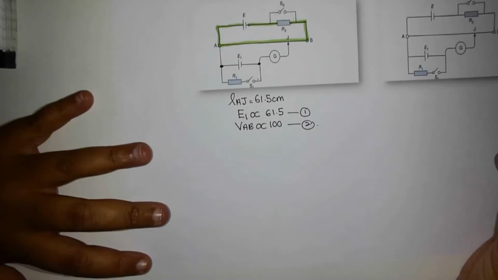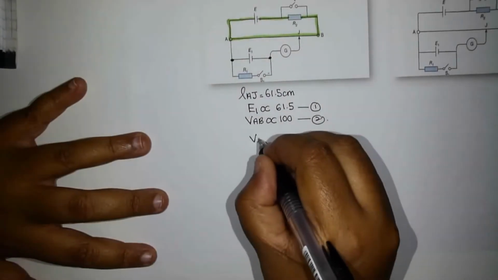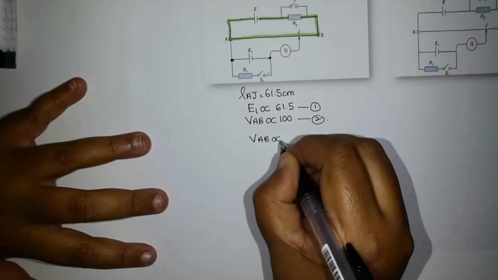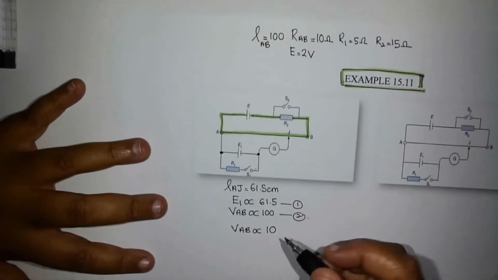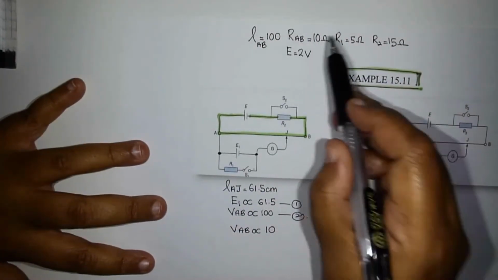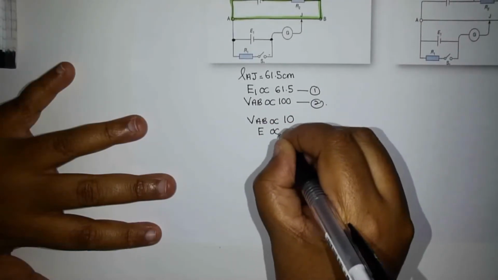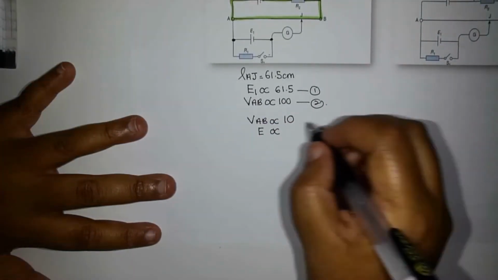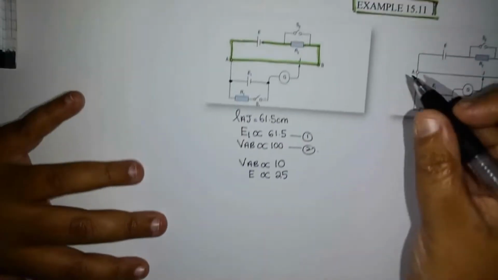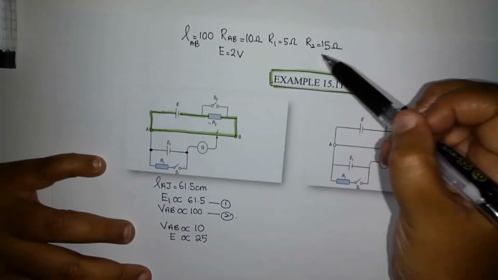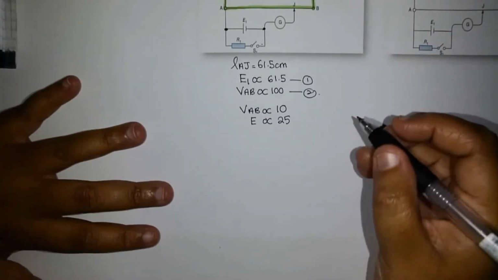So we can use a potential divider formula, which is VAB is directly proportional to 10, because there's a resistance in AB which is 10 ohm here, and then E is directly proportional to 10 plus R2, which is 25, because R2 is 15, and then here is 10, so 10 plus 15 is 25.